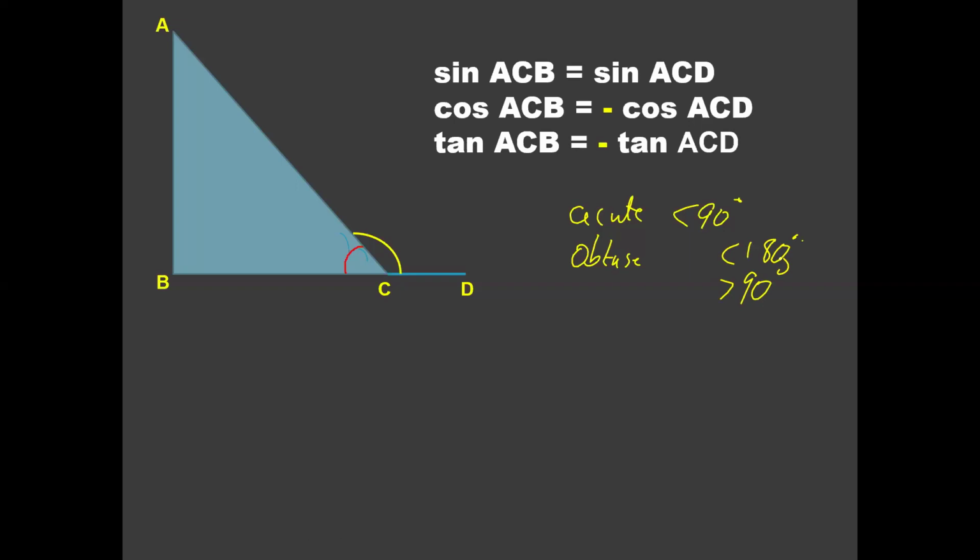When you take an obtuse angle, sine is positive and cos is negative, while tan is also negative. Whenever you get a sine value, it will be the same for the obtuse side also. Sine 30 and sine 150 are the same.